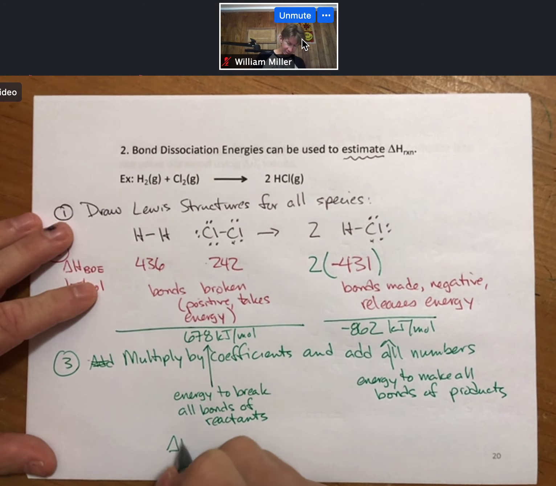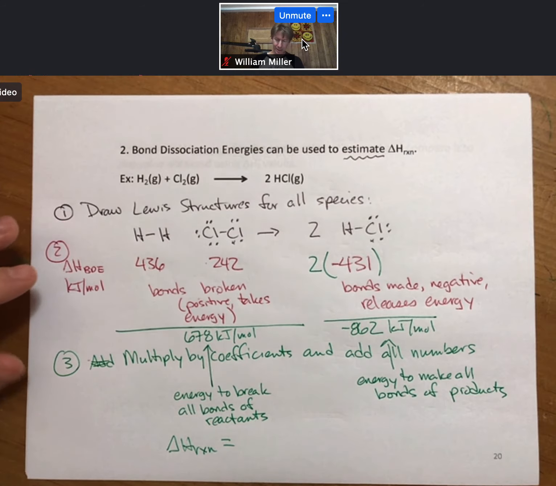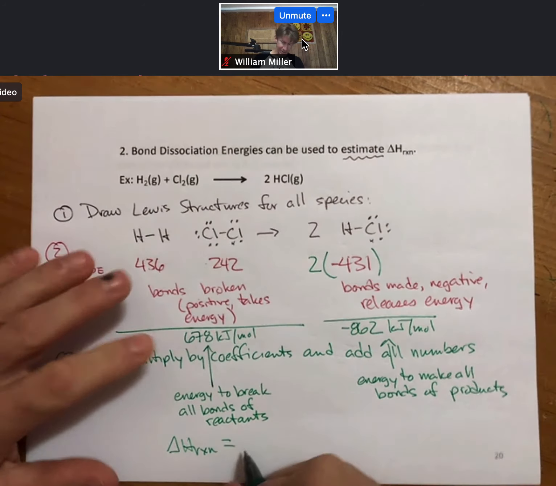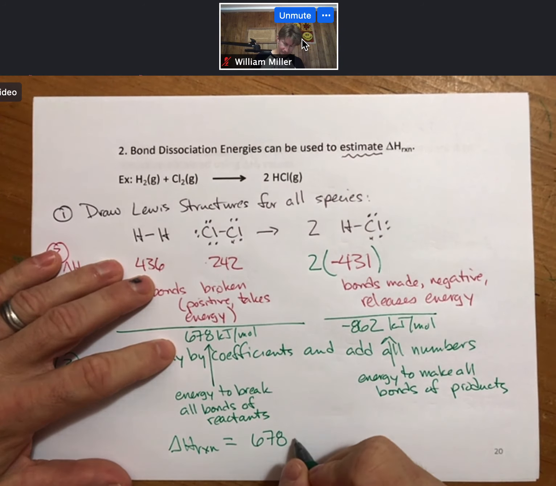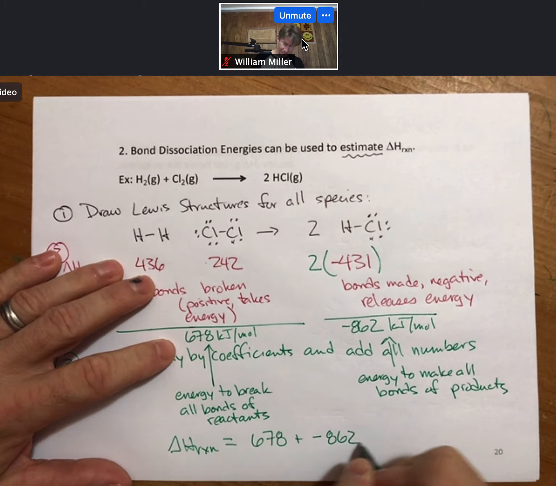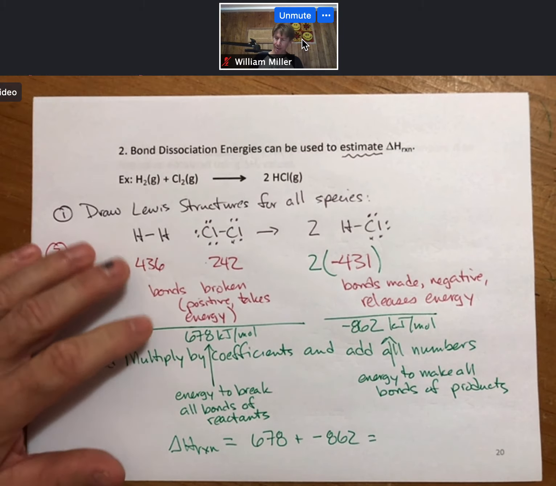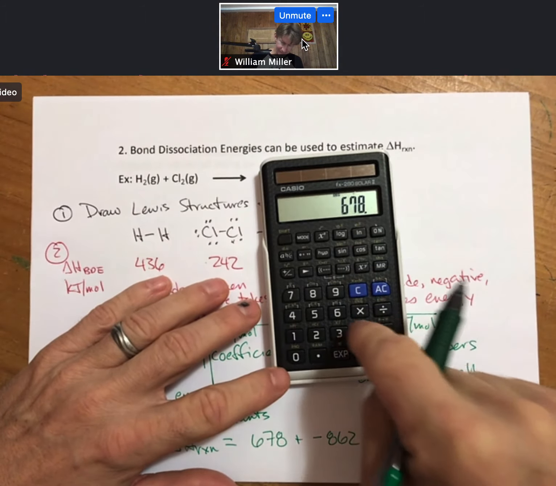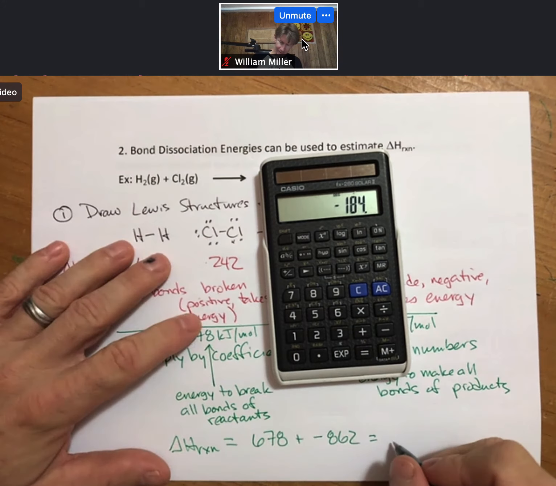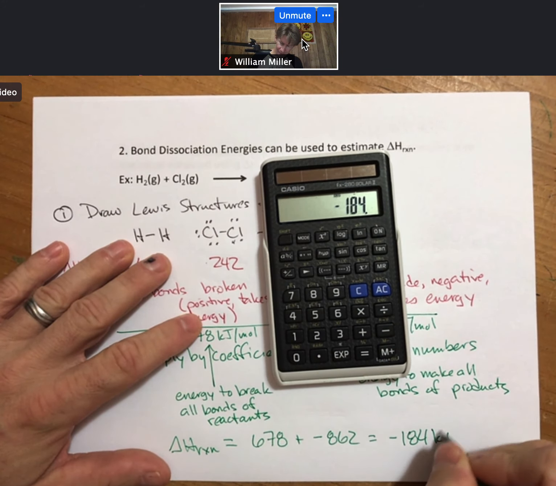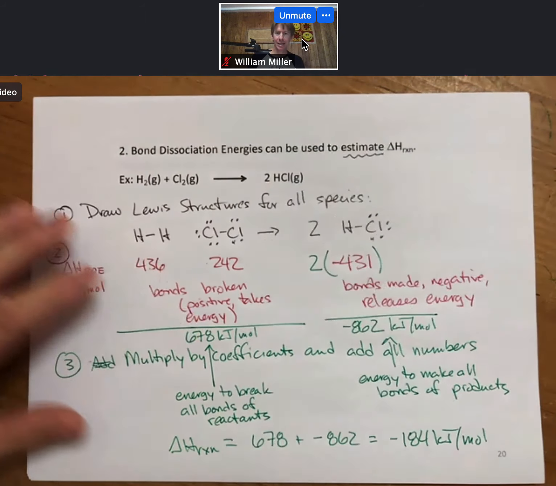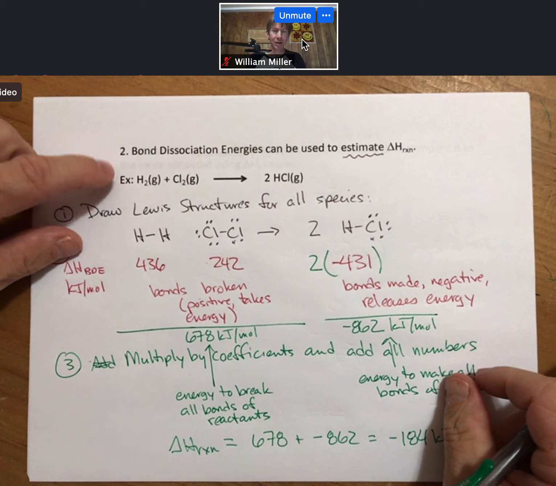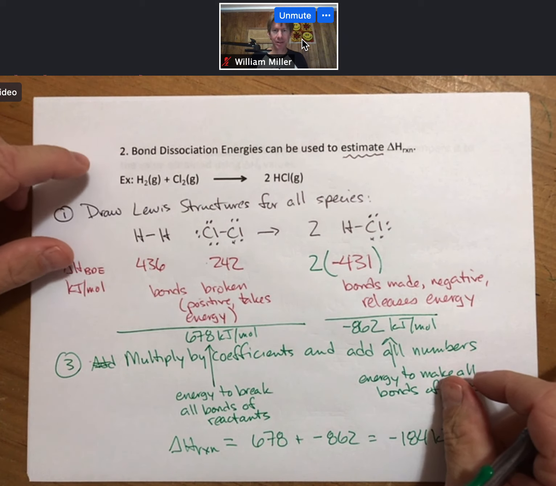And now delta H reaction is going to equal 678 plus minus 862. And those are kilojoules per mole, and I will put my units back in a second. I get minus 184 kilojoules per mole as our estimate of delta H reaction for this reaction based only on average bond dissociation energies.